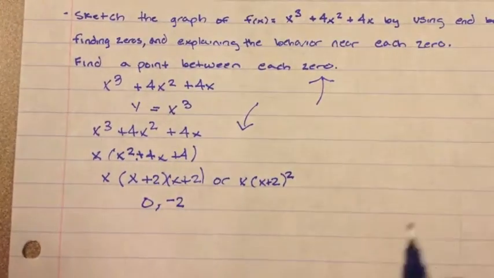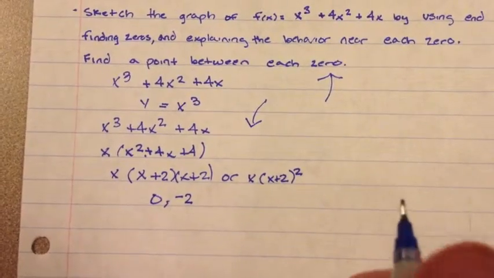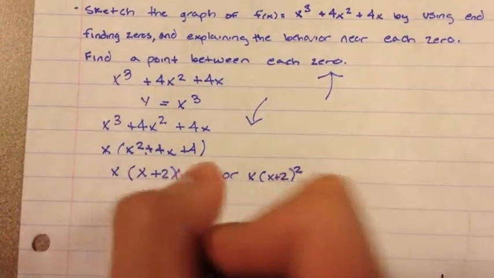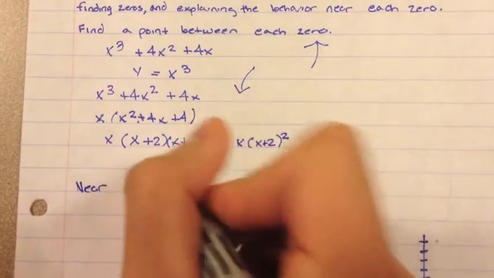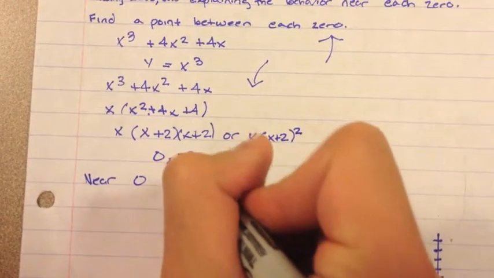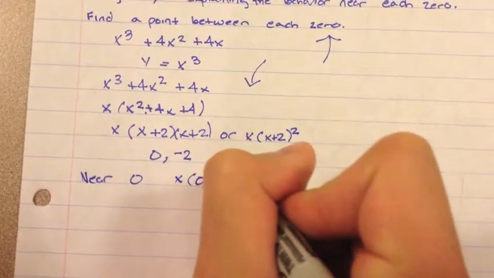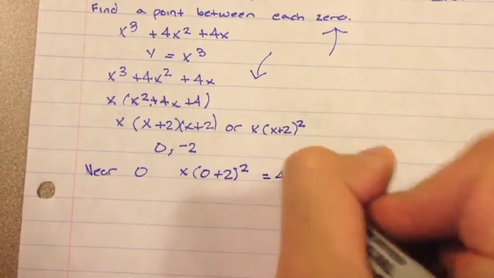To find the behavior near each zero, you plug the 0 into the factors except for that zero's own factor. So near 0, you're going to plug 0 into the equation, and that equals 4x.